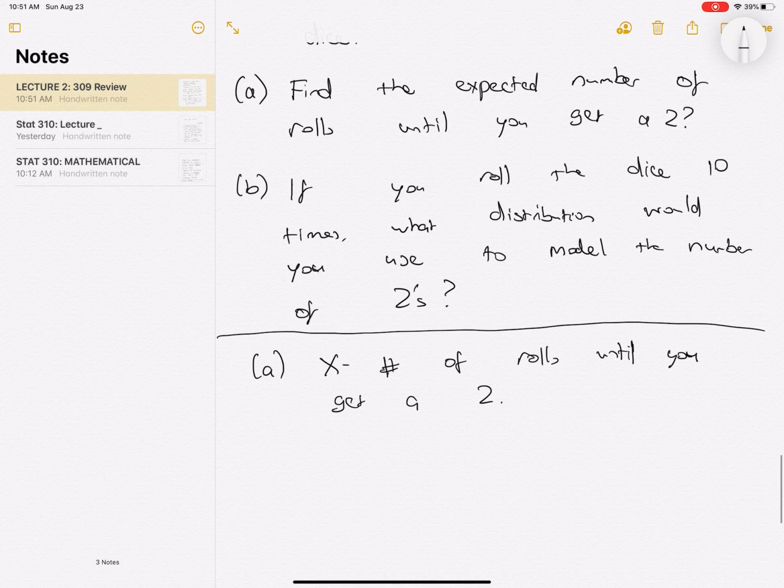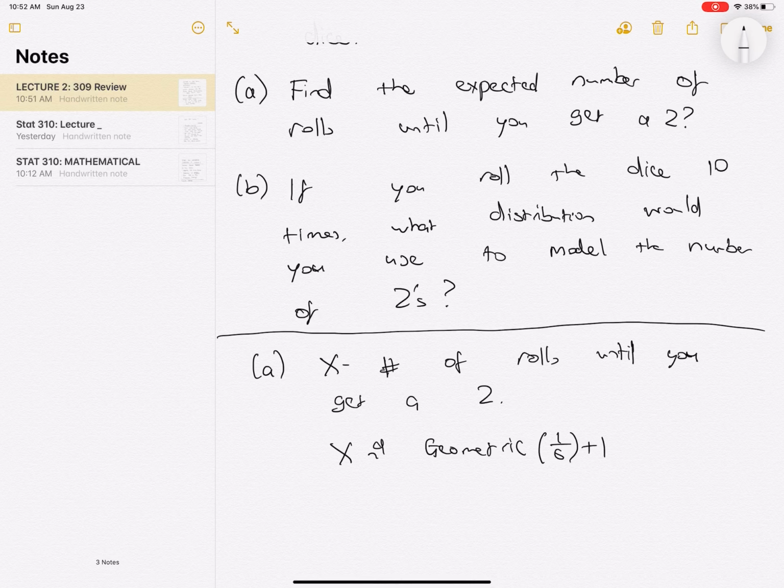You're pretty tempted to say that X here might have a geometric distribution, and the probability of rolling a 2 is 1/6, so it's geometric of 1/6. But the other thing you have to be careful of here is that we're counting the number of rolls. Remember that the geometric distribution, as I've defined it here, is the number of failures, so the number of non-2s. So all we actually have to do is add a 1 to this.